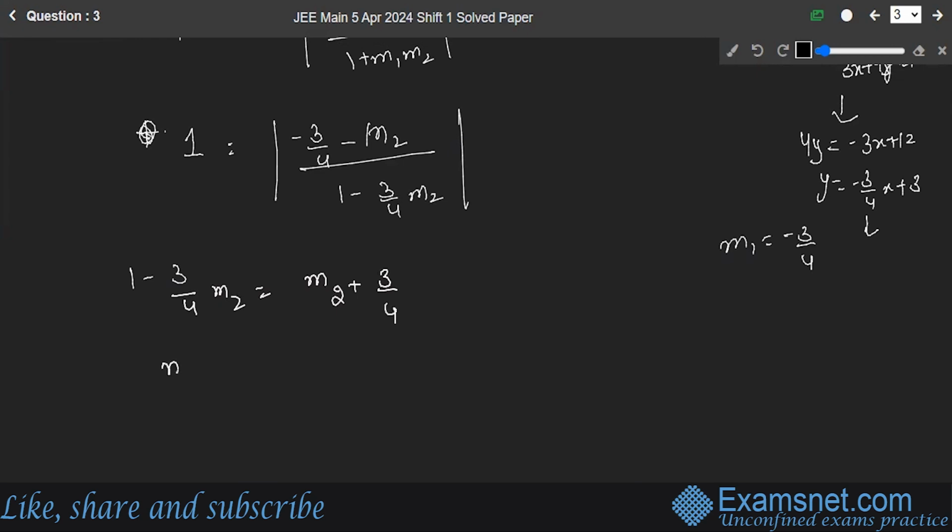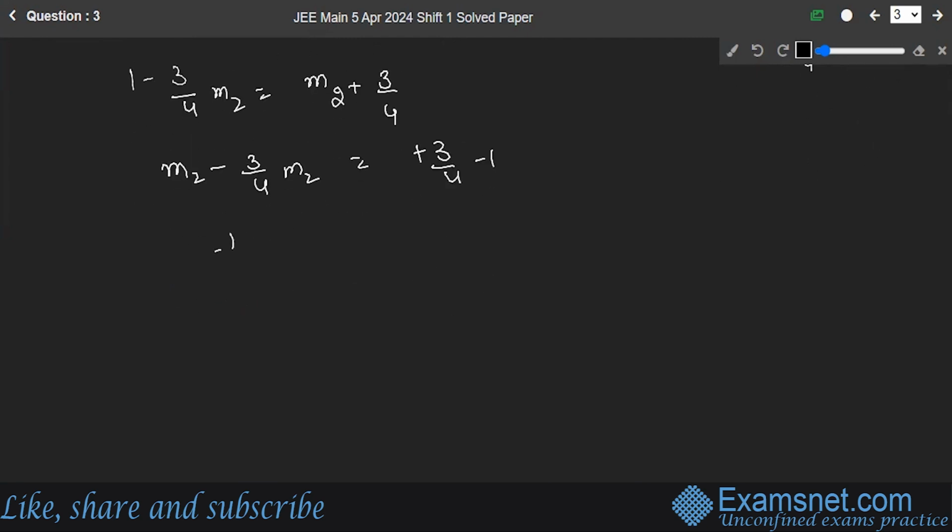Or you have m2 minus 3 by 4 m2 is equal to minus this, and you have 1 by 4 m2 is equal to minus 1 by 4, which will be equal to minus 7 by 4. From here you get m2 is equal to 1 by 7.